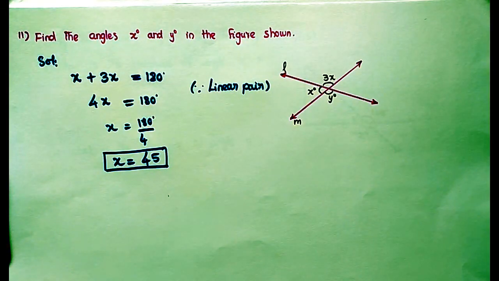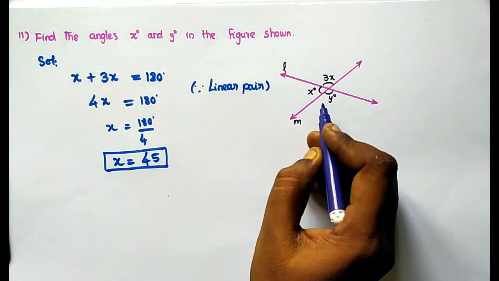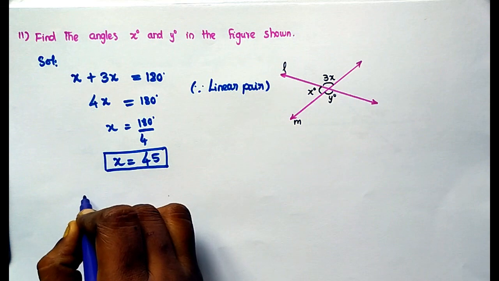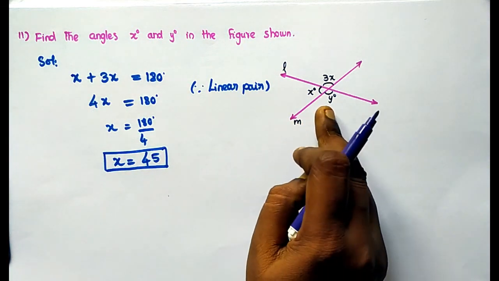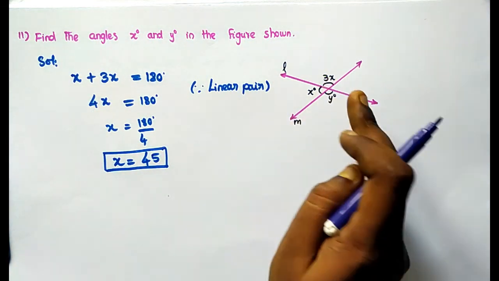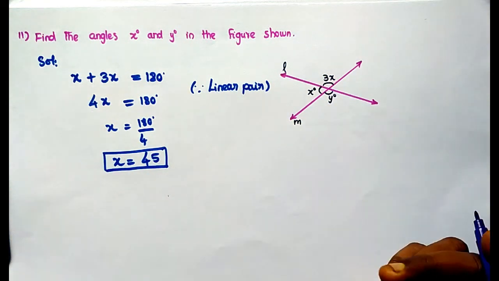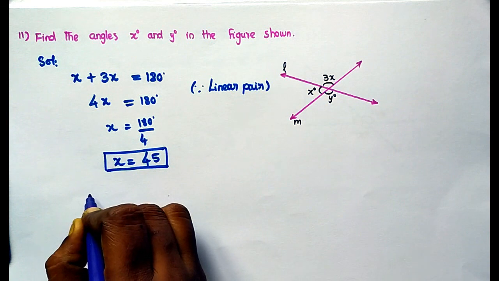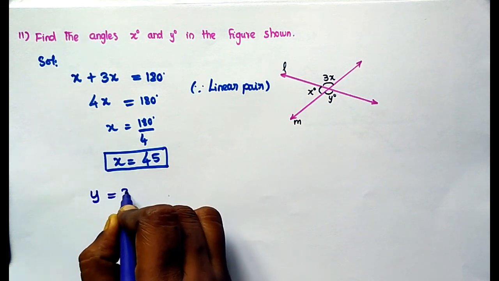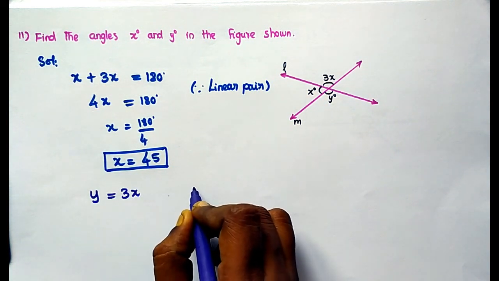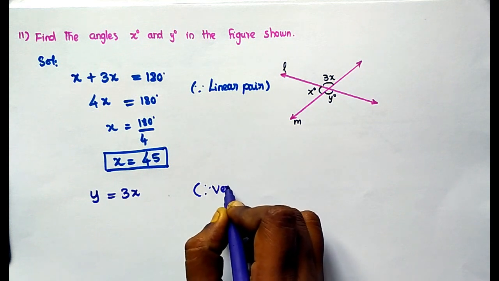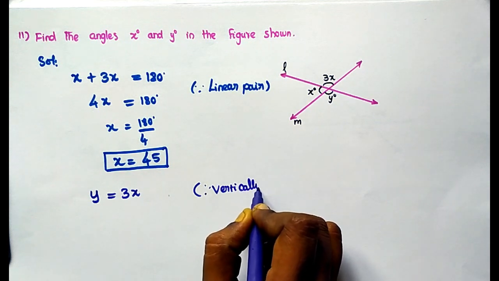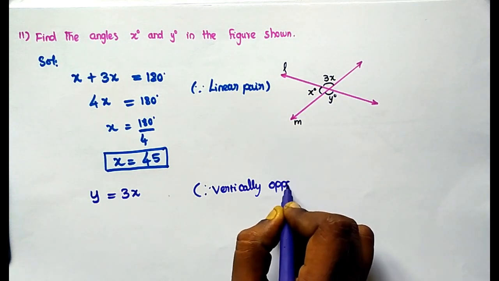Next one. Here y equal to 3x. What's the reason? Vertically opposite angles. So y equal to 3x since vertically opposite angles.